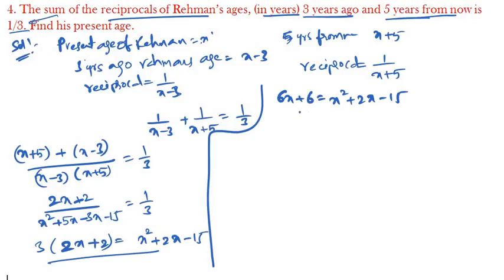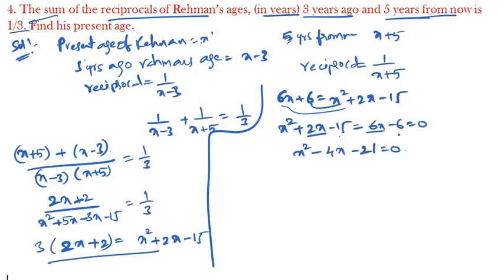Bringing all terms to the right side, it becomes x square plus 2x minus 15 minus 6x minus 6 equal to 0. So 2x minus 6x is minus 4x, and minus 15 minus 6 is minus 21. So x square minus 4x minus 21 is equal to 0.